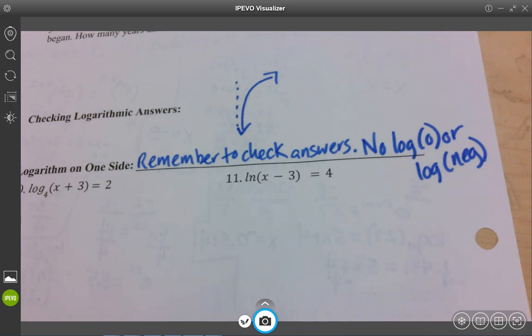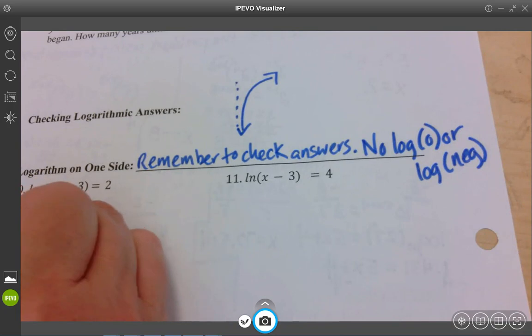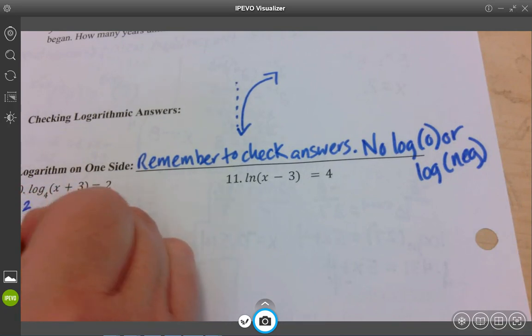What's the base of the exponential going to be? The question was, what's the base of the exponential? And Sally suggests 4. What do you guys think? Okay. So it's going to be 4 to the 2 equals x plus 3.